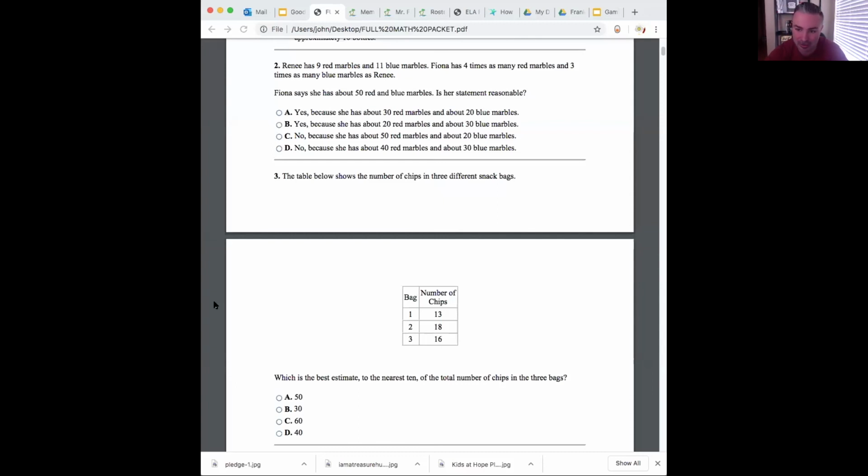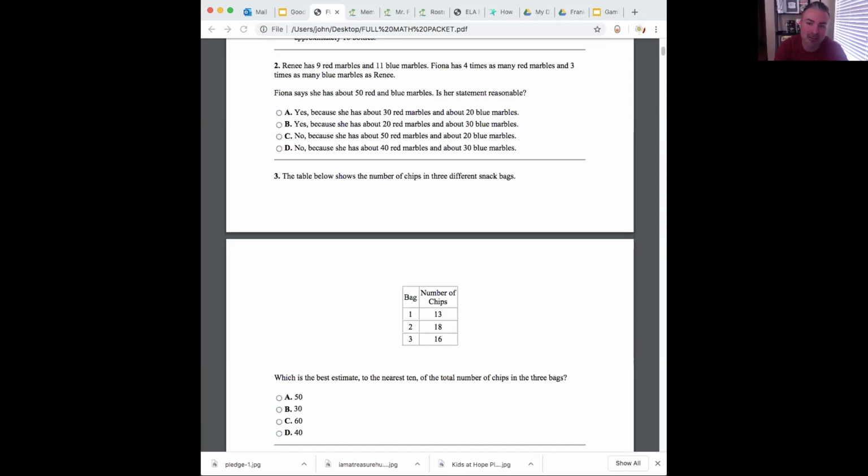Sure, we'll cross that one out. B: yes, because she has about 20 red marbles and 30 blue marbles. A little bit closer on blue marbles, but way off on red marbles because we have 36. So let's cross that one off. C: no, because she has about 50 red marbles and 20 blue marbles. Way off in terms of red marbles, and pretty much off on blue marbles. So that one's completely out.